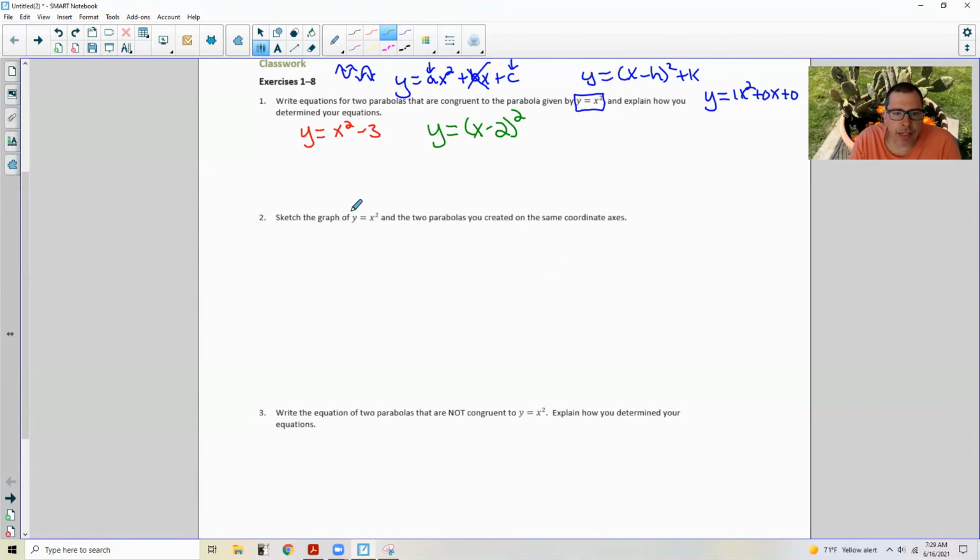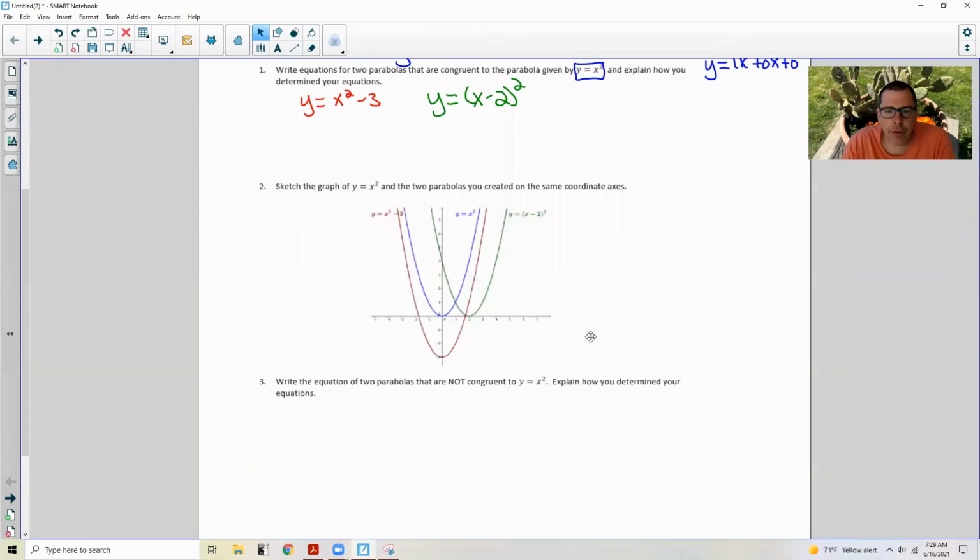Now it says to sketch the graph of y equals x squared and the two parabolas you created on the same coordinate axis. So if I now graph these, let me show you what that would look like. Okay, so here are those three functions. The blue one is the parent function coming down, touching at the origin and going back up.